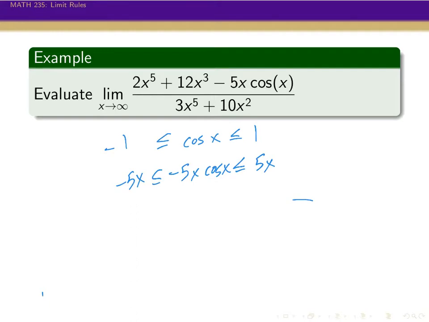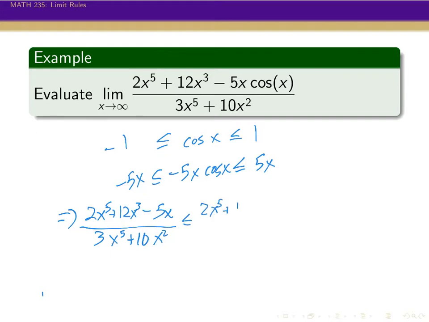And so then when we fit it into the whole function, I have 2x to the fifth plus 12x cubed minus 5x over 3x to the fifth plus 10x squared is less than or equal to the function that I want, minus 5x cosine x over 3x to the fifth plus 10x squared.